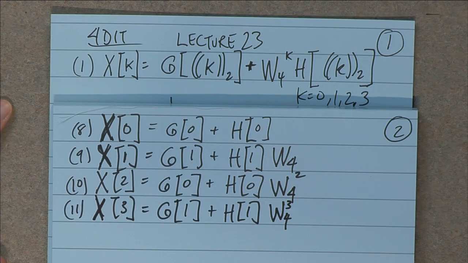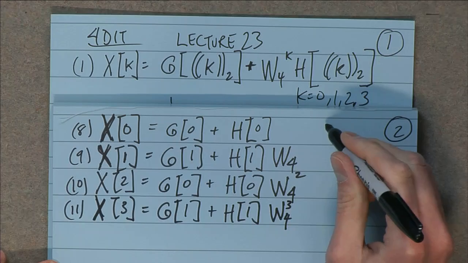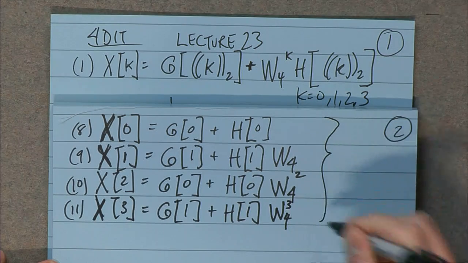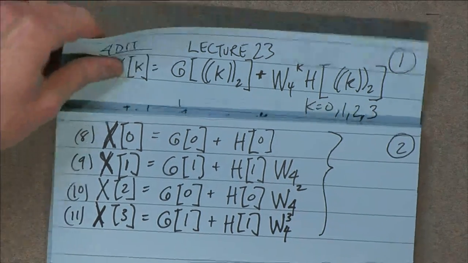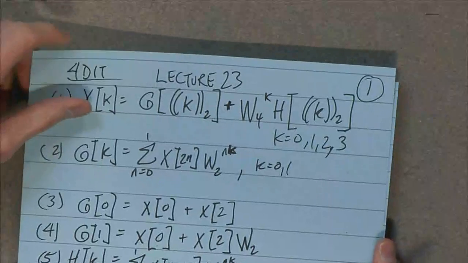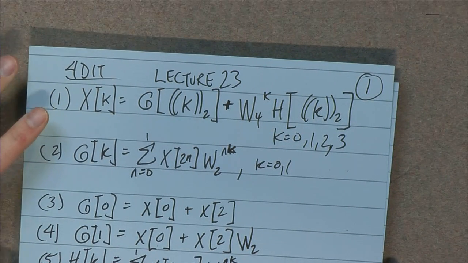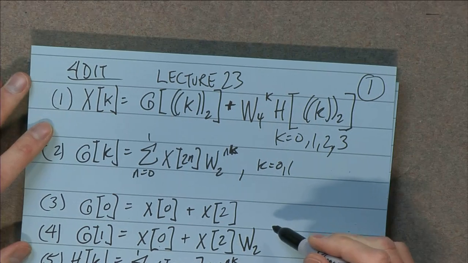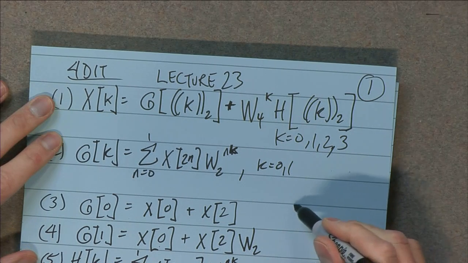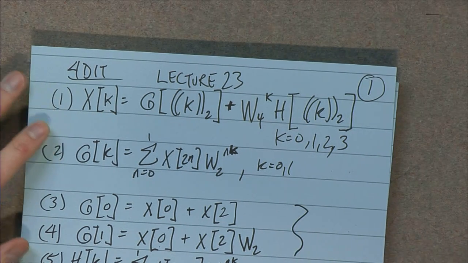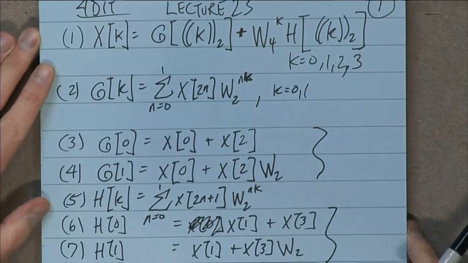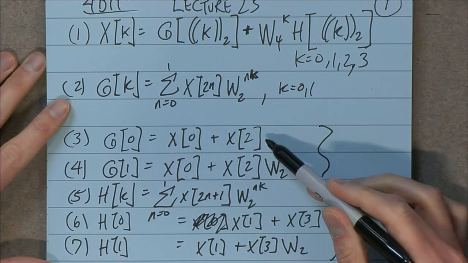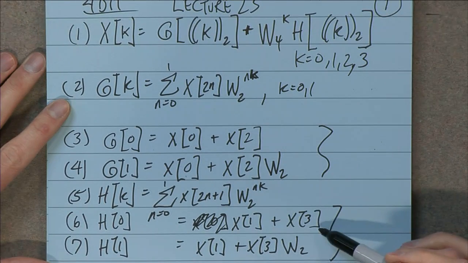So now what we're going to try to do is take these equations that describe the output and our equations here that describe the input, G0, G1, so these guys and these guys, that describe the inputs X0, X2, X1, X3.